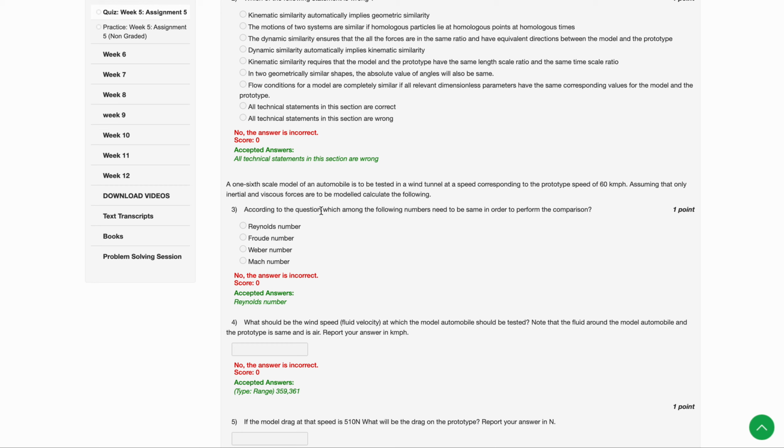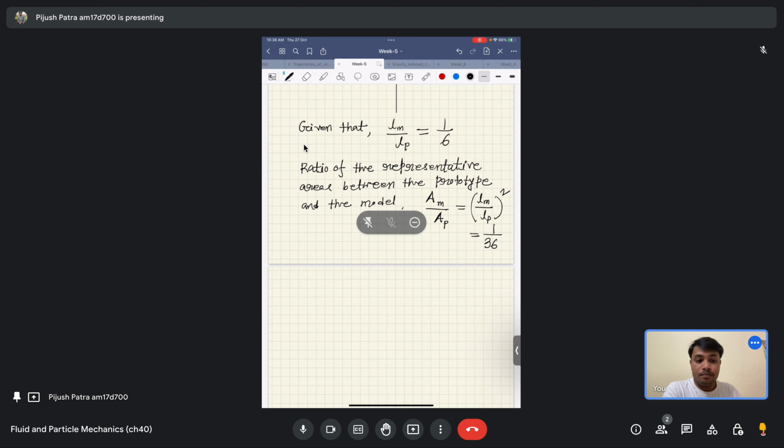Will be, let's say, Am by Ap will be that length scale square, so it will be 1 by 36. That's all. Okay.